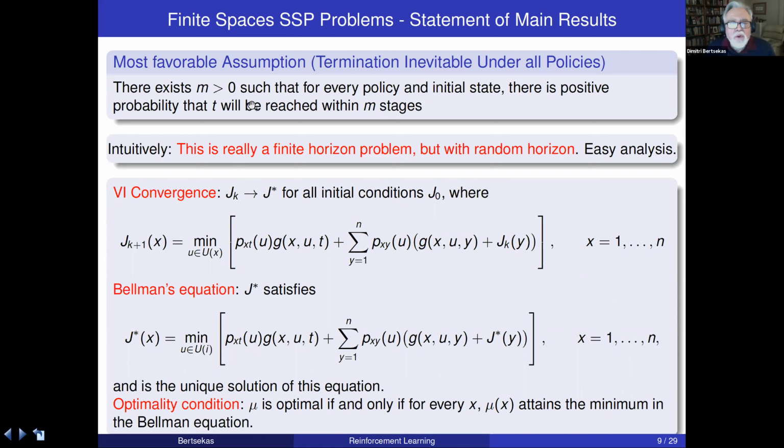So everything goes through under this assumption, and moreover, the analysis is easy enough to be the basis for the analysis for discounted problems.